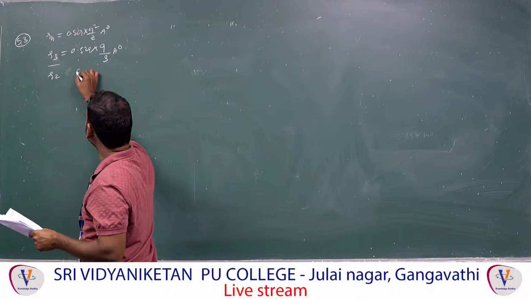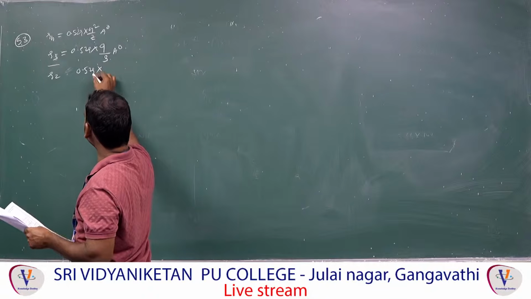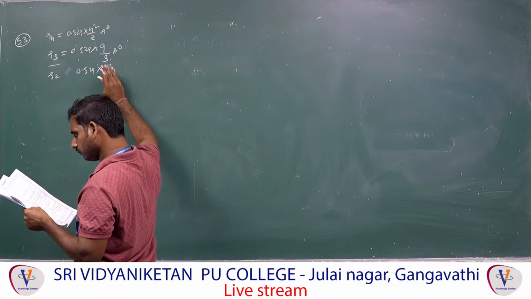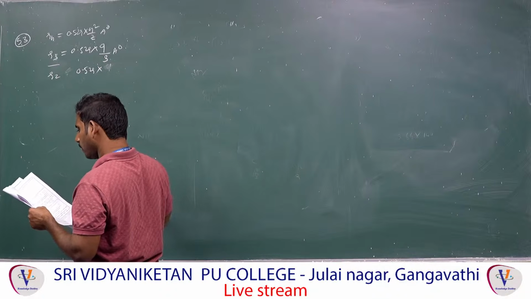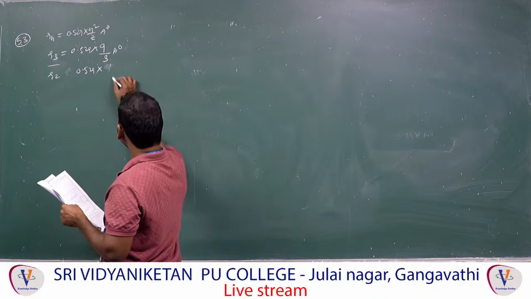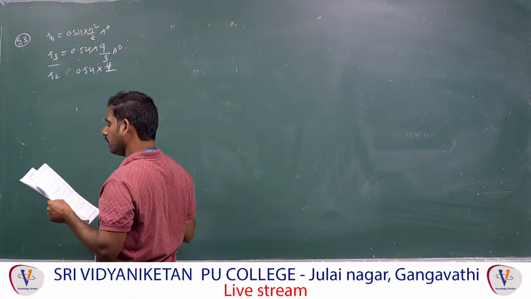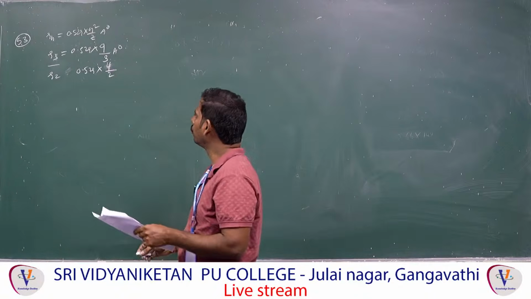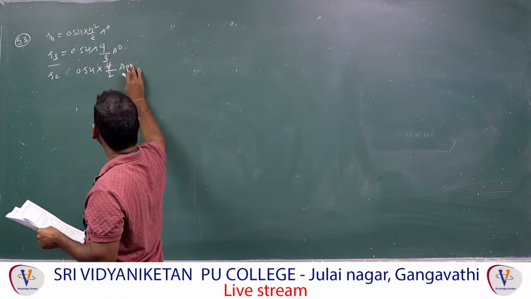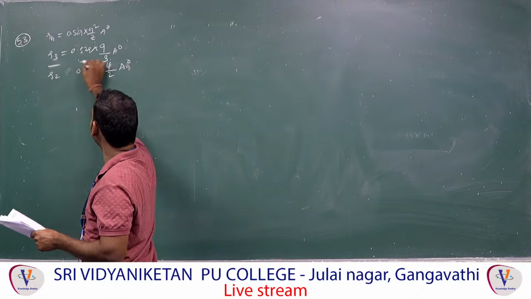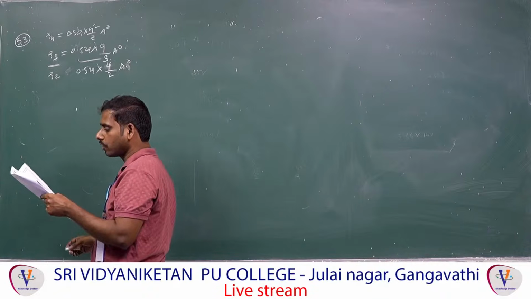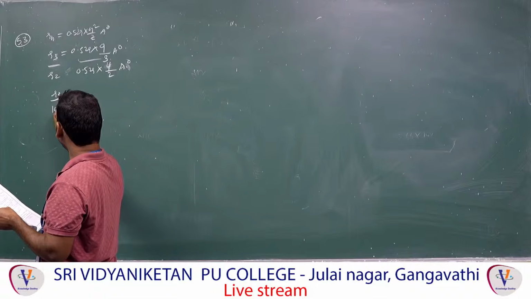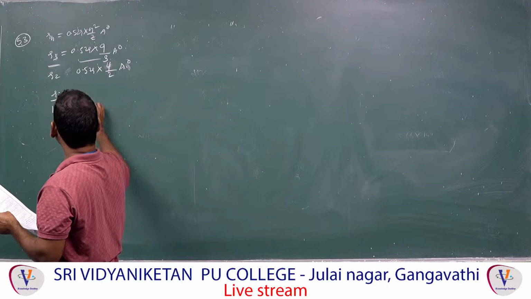R2 is equal to 0.529 into n square. n square means second orbit, so 2 square, that is 4. Then the helium atomic number is 2, in angstroms. Then take the ratio R3 by R2. R2 value is given, 105.8 picometer.